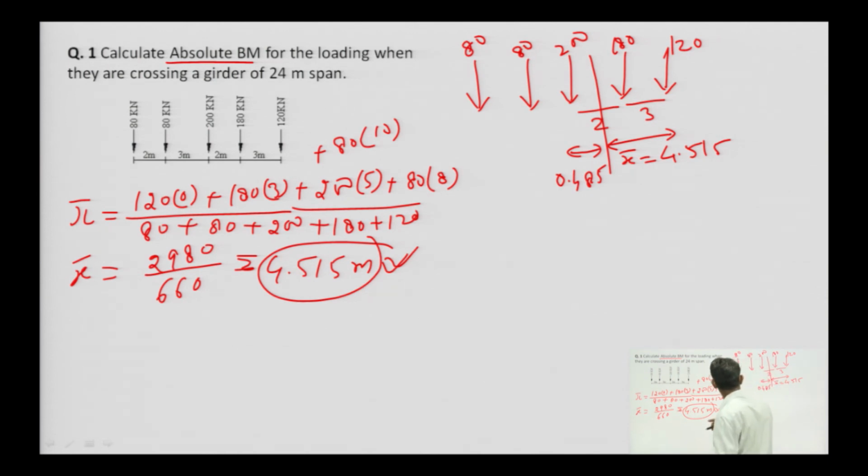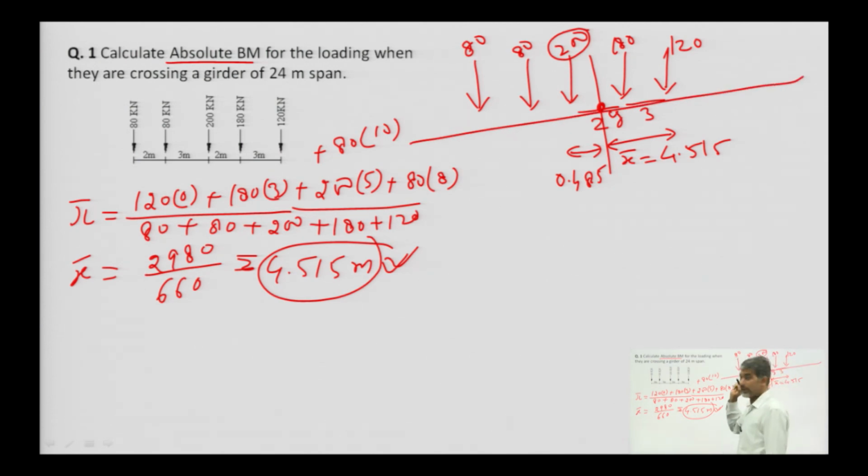What I told you is that this one load is heavier, and the CG of the load system is here. The midpoint of the beam AB must be in between that.